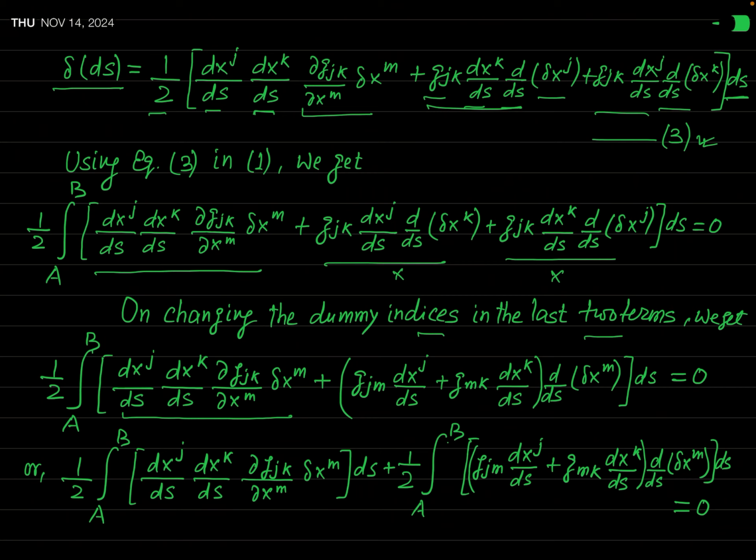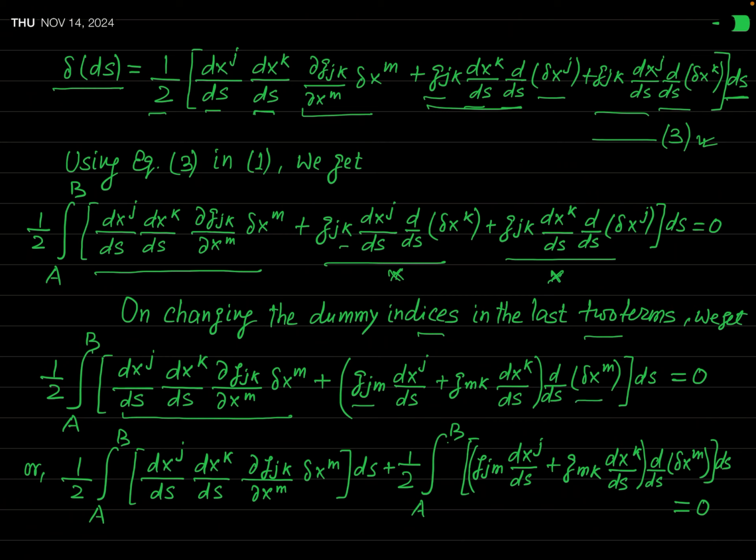But now in these two last terms, as I have told you, we are going to change the dummy indices. So you can see, instead of k, we will now write m. So this will be gjm dxj by ds times d/ds delta xk, but k is now written m. So there will be d/ds operated on delta xm.